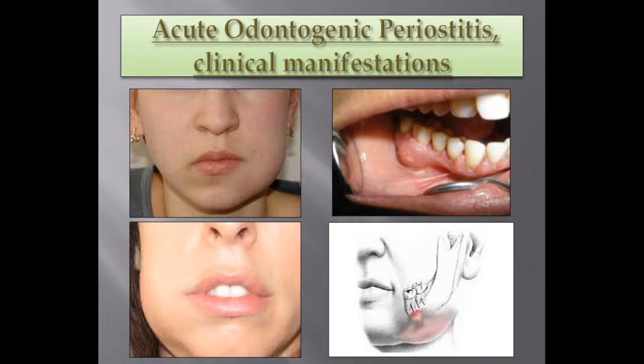Why? Because pus breaks through the cortical plates and escapes into the soft tissues, and usually can even make sinuses between the area of pus formation inside the periosteum and the oral cavity.